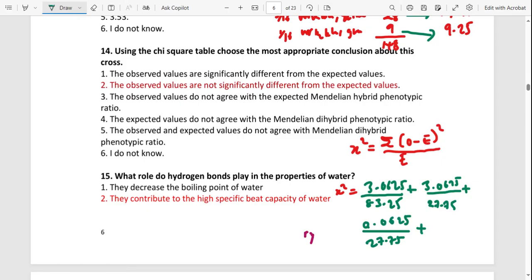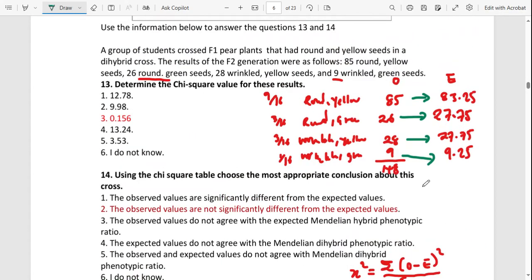You square the answer. That is going to give 0.0625. Divide that by the expected, which is 9.25. So if you add up these values, you are going to get 0.156. So that is the calculated chi-square.